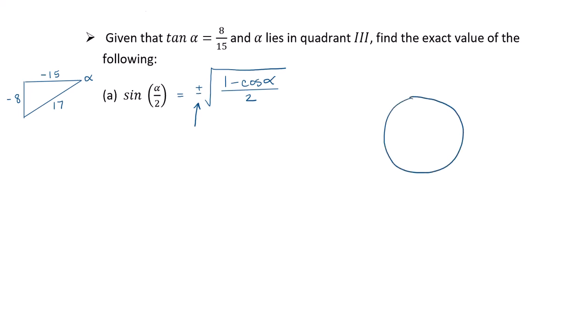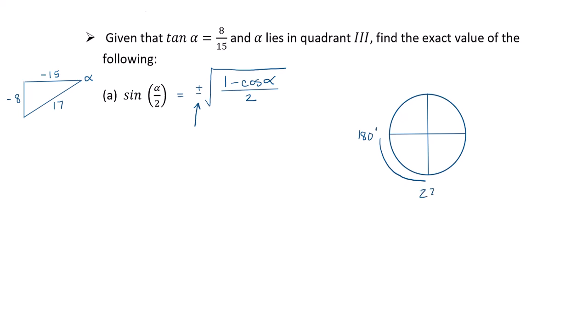So let's look at it this way. My angle of alpha is in quadrant 3. That means it's somewhere between 180 degrees and 270 degrees. So if we're trying to find the sine of half of that, where will half of the angle of alpha go? Well, half of 180 degrees is 90 degrees.